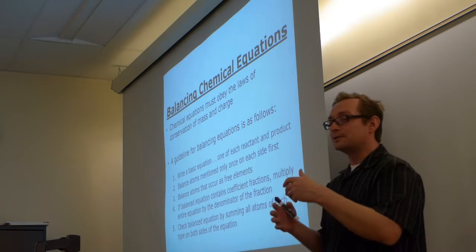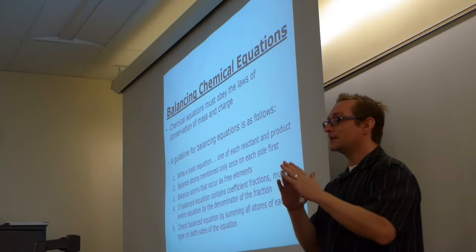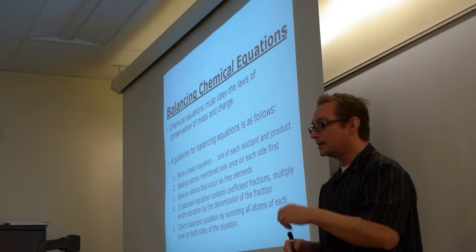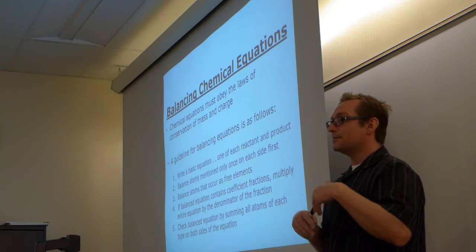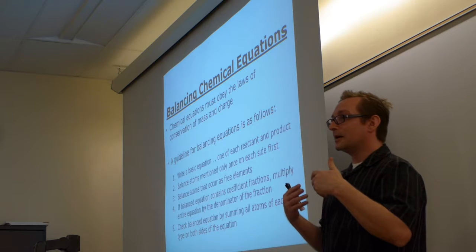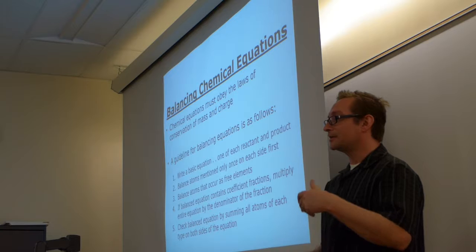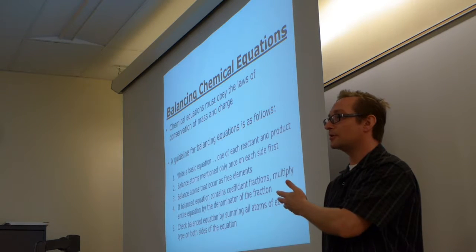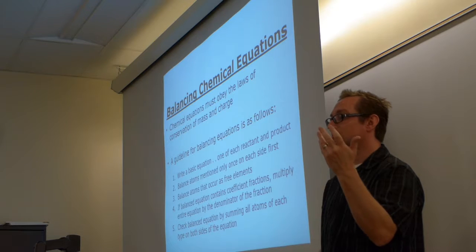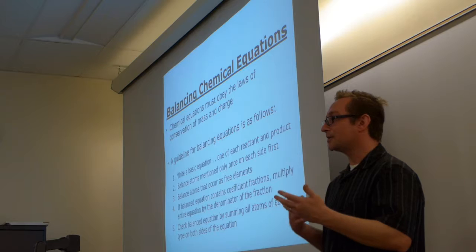Everybody knows the basic structure of the equation, right? You've got reactants on the left, products on the right, you've got an arrow, and you've got plus signs in between each reactant and product. Does it matter what order I write the reactants and products in? Would I say methane plus oxygen goes to CO2 and water, or could I say oxygen plus methane goes to water and CO2? Does it matter how I write the order?